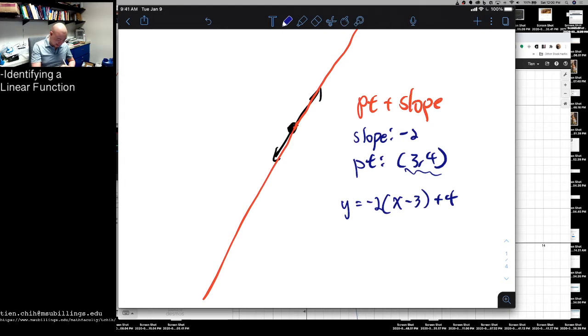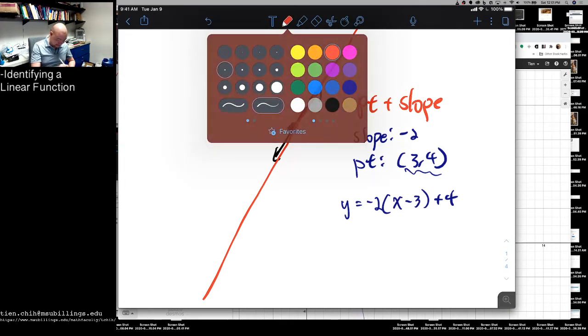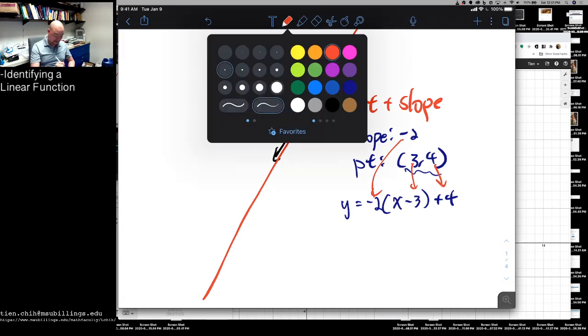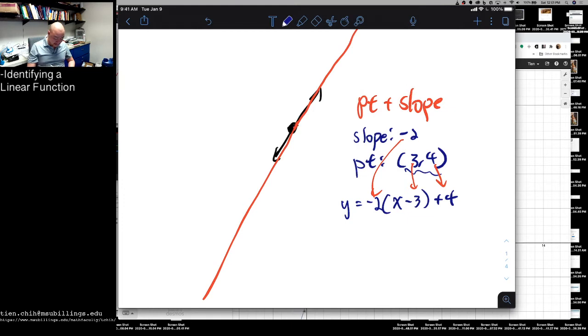What we have is that this -2 goes here, this 3 goes there, and that 4 goes there. If we work this out, that gives me y = -2x + 6 + 4, which we can simplify to -2x + 10.